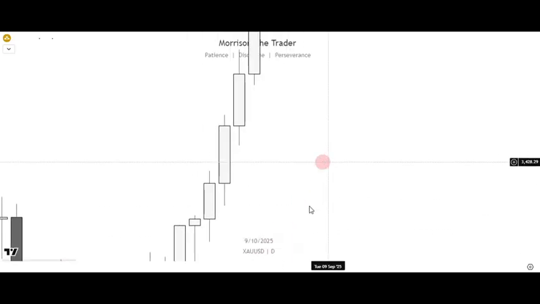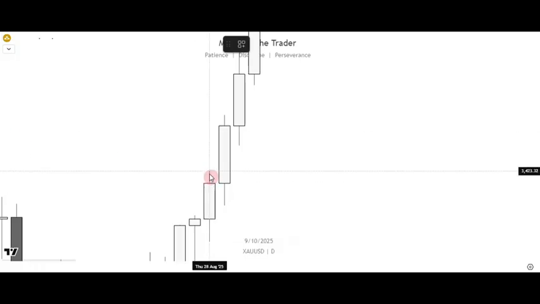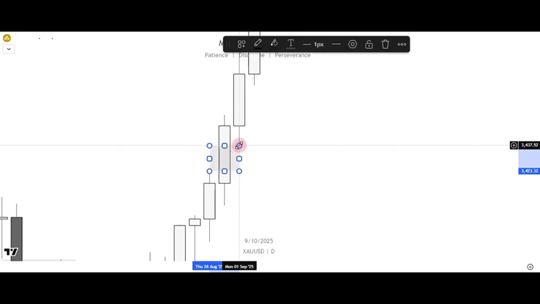So when we're marking a fair value gap, you mark it by connecting the high of the first candle to the low of the third candle.